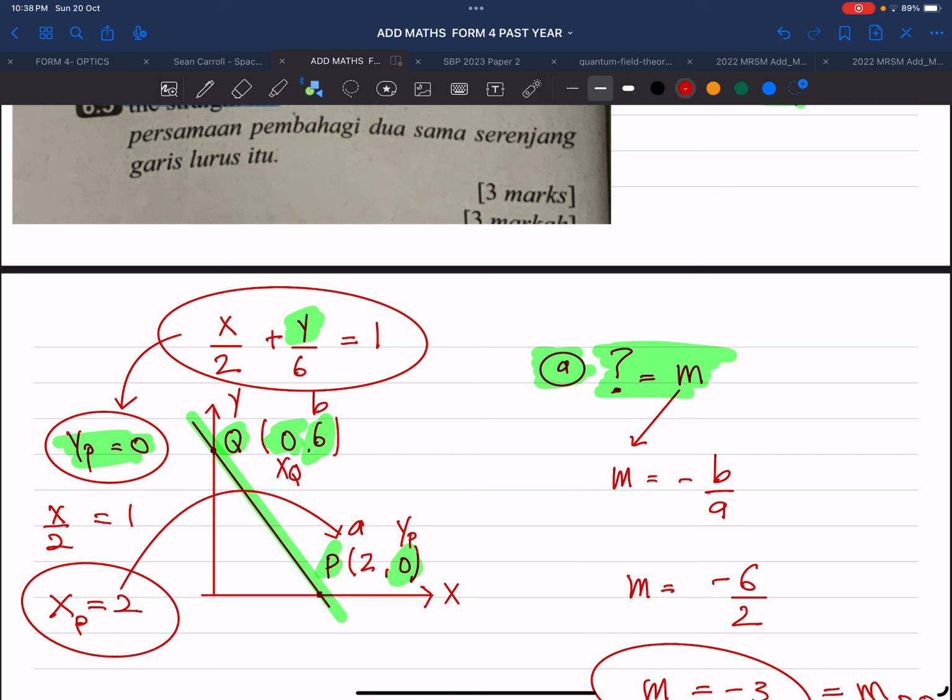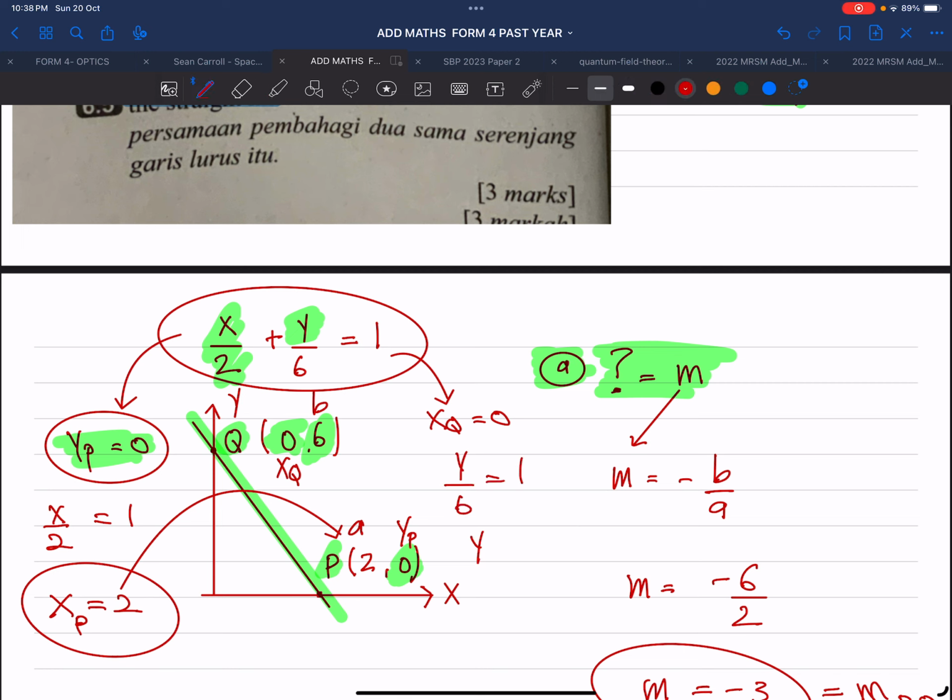Again, go to the equation. Now I'm going to substitute xq equals to 0. So this whole thing now becomes 0. So what is left? Y over 6 equals to 1. Therefore the y is 6. So this is the yq, which I've already marked over here.